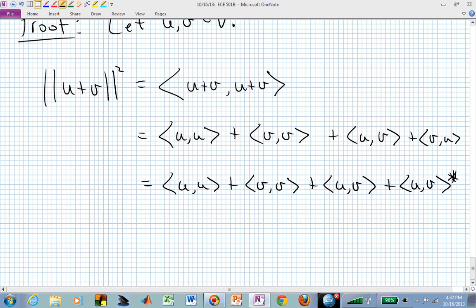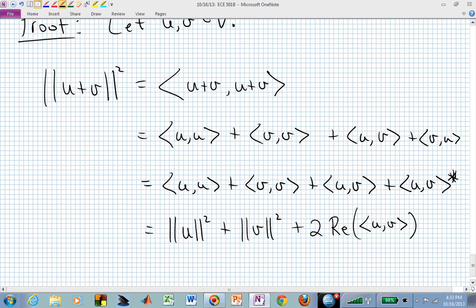What does that produce? It leaves us just with the real part, right? So if we had alpha plus j beta plus alpha minus j beta, we have two of the real parts left. And these first two pieces, we could just write those as norms squared. But now we have 2 times the real part of the inner product of u and v. Is that okay?